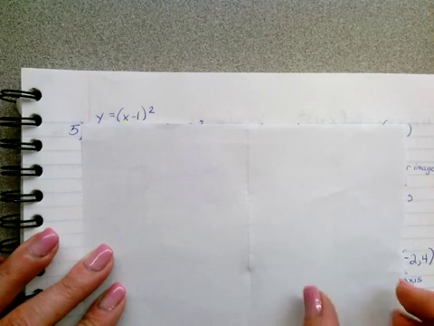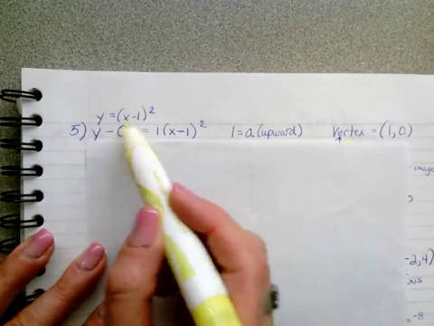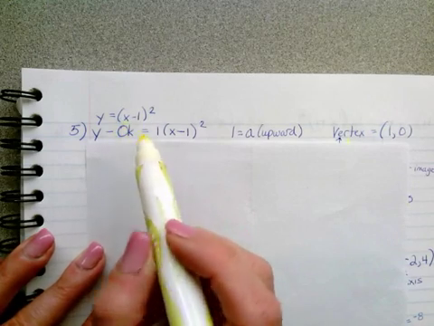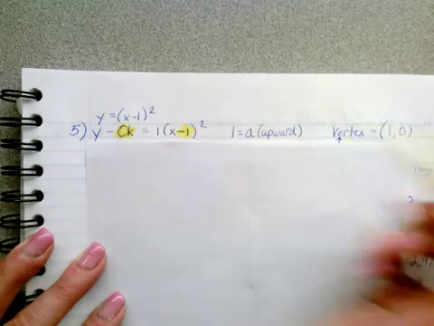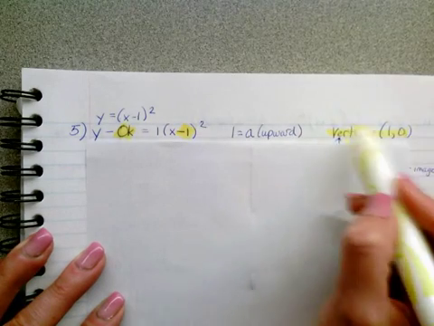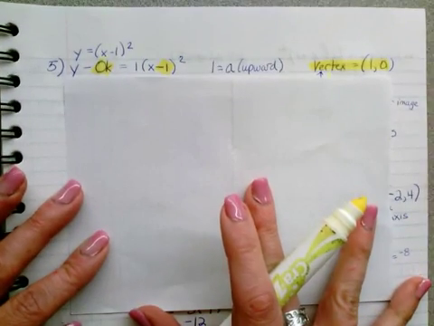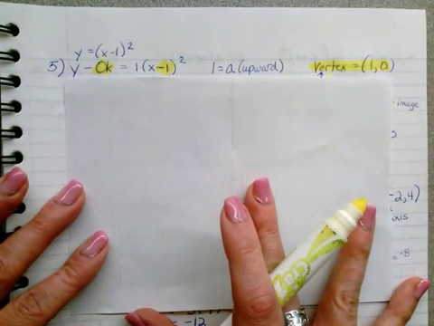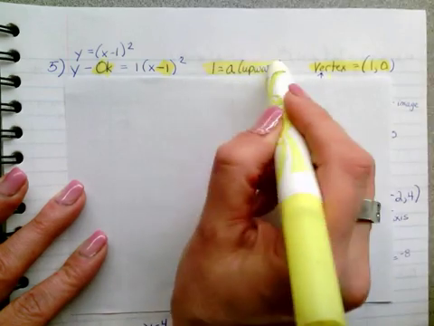Well, if we realize that k has 0 as a value, which is why it's not even listed, we can determine that 1, 0 is our vertex. We can also determine that our cup goes upward because our a value is a positive number.